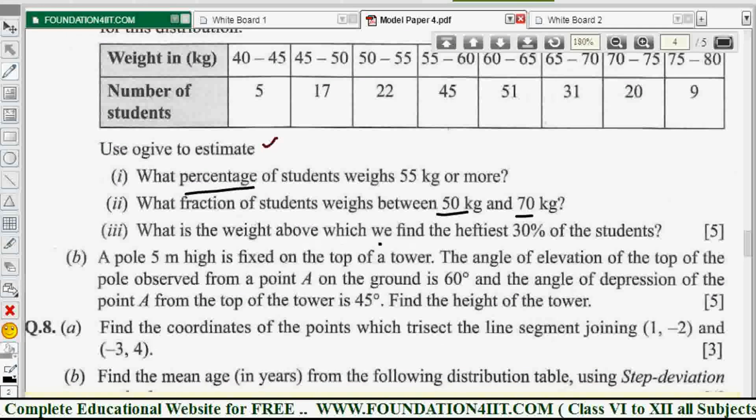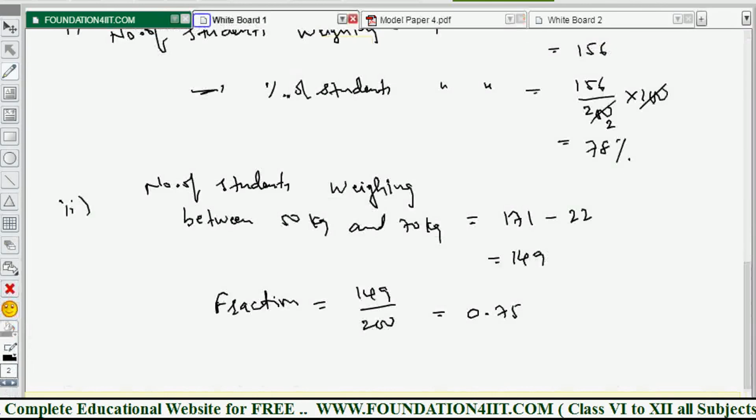Next question, C: what is the weight above which we find the highest 30% of the students? First let us find the value of 30% of the total number of students.